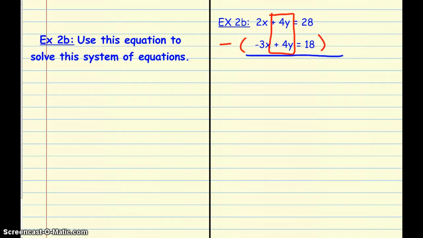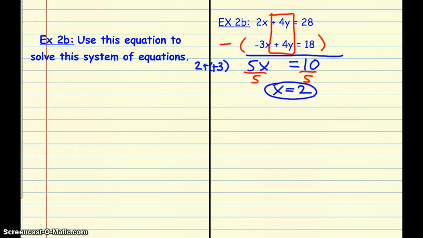And so we have 2x minus negative 3x. Subtracting a negative is like adding a positive, so we get 5x equals 28 minus 18 is 10. Just like all the other ones, divide by 5, so we get x equals 2.